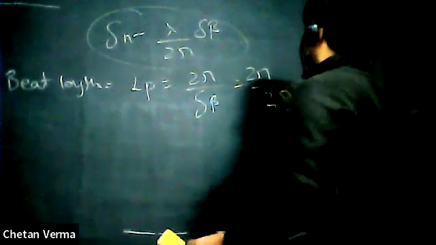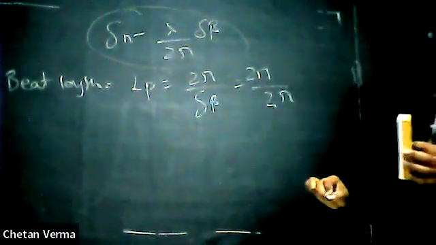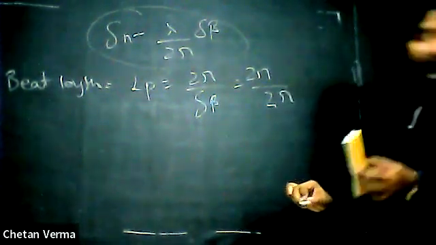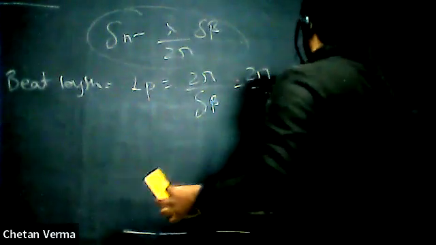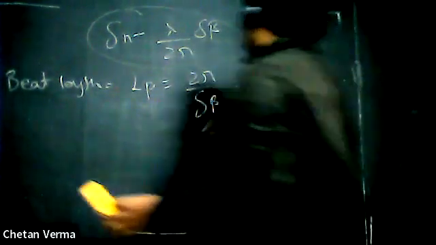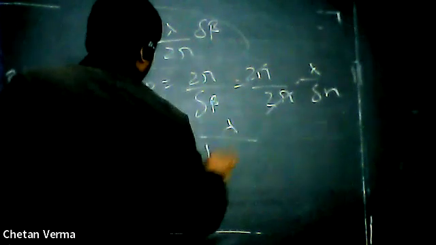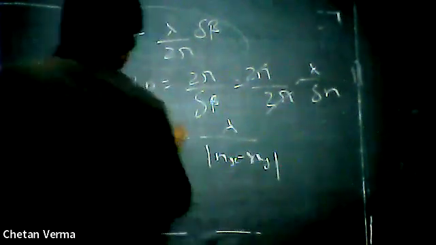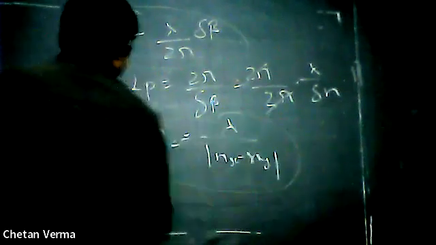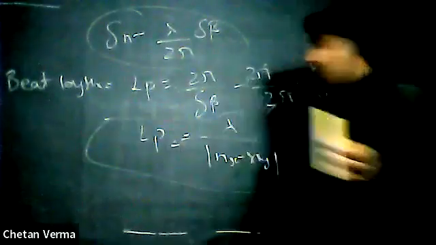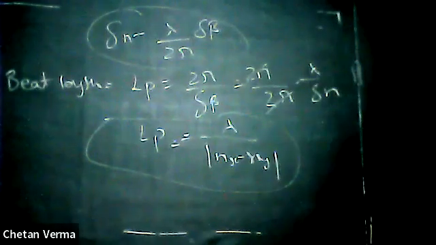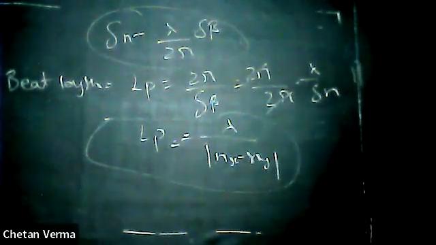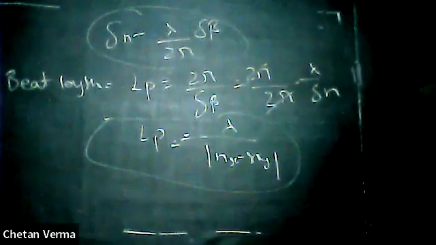And delta beta is defined as 2 pi by lambda into delta n. The 2 pi cancels out, so LP equals lambda divided by delta n, where delta n is nx minus ny. So beat length is equal to lambda divided by the mode index difference of the two orthogonal components. It should be defined in this way.